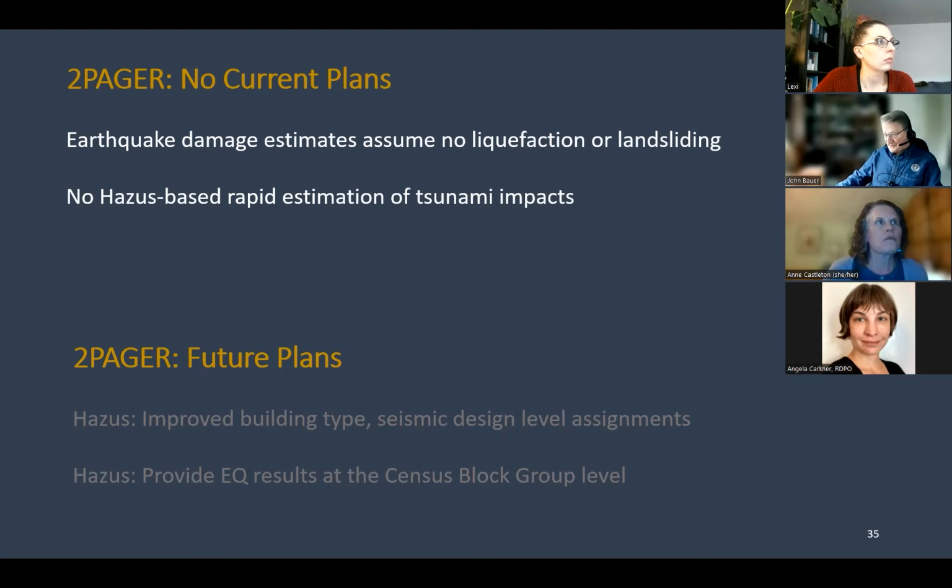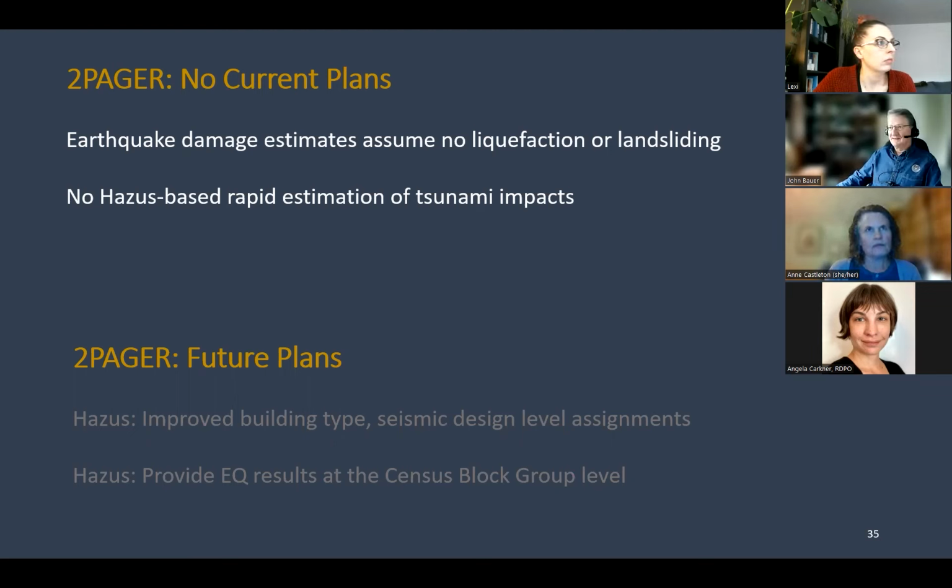And for those of you operating at a state level, for buildings in the tsunami zone, only the earthquake damage is given there. The tsunami is not factored into building damage assessments. Not saying it won't ever happen, but currently that's not the case.